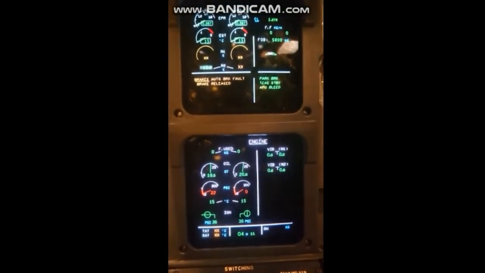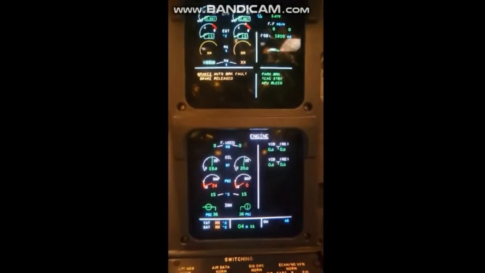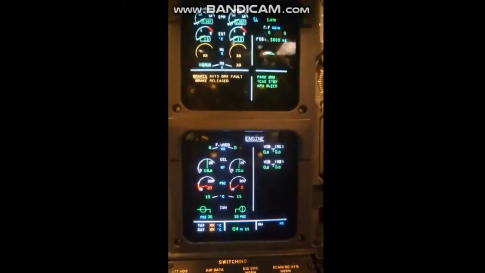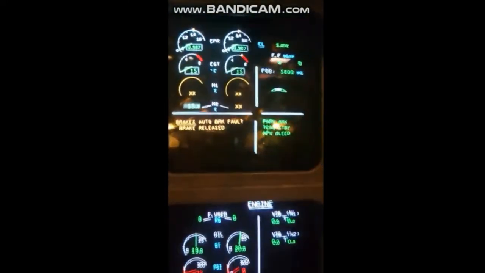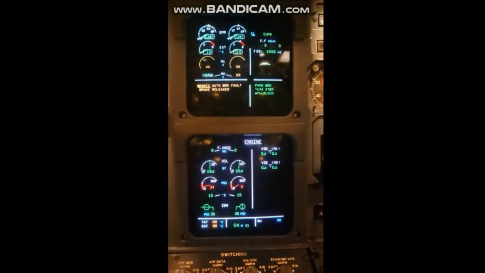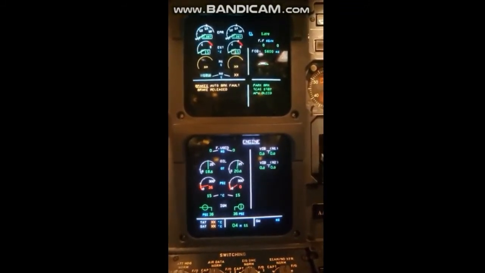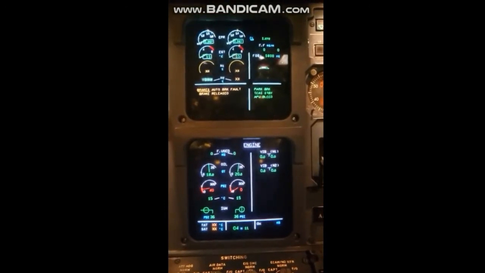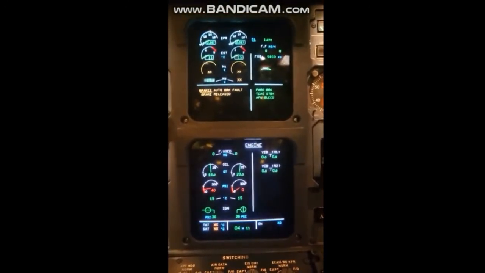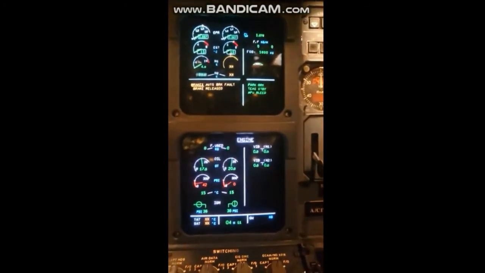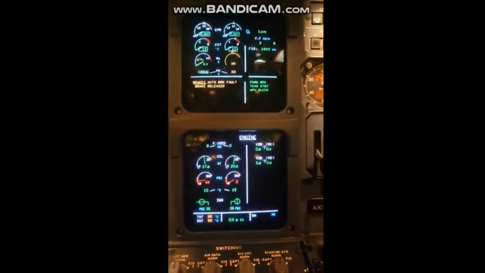Here we have these ECAM pages, like the EICAS in a Boeing, but in Airbus we say ECAM. Here we have two primary indications of a hang start. You will find that in the rotation of N2, N1 is very lazy. Here N2 is 20%, so it's lazy.